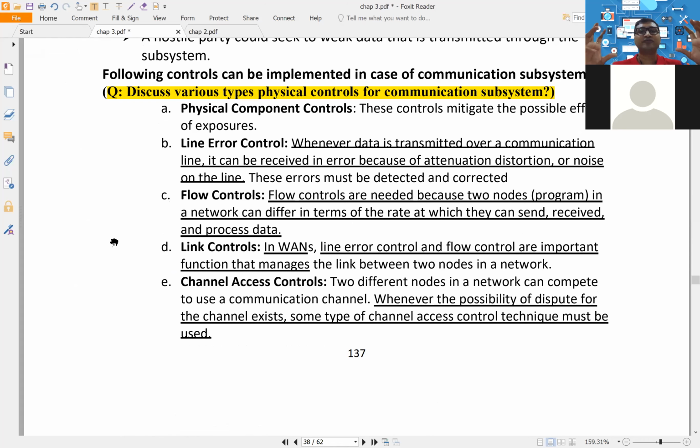Parts will fail, like the communication cable, hub, router, switches, so you require good quality physical components. Line error: data sent and data received may not be the same, so you need to detect the errors and then correct them.